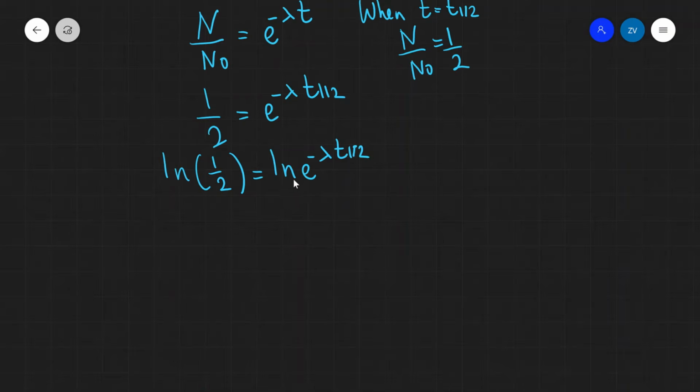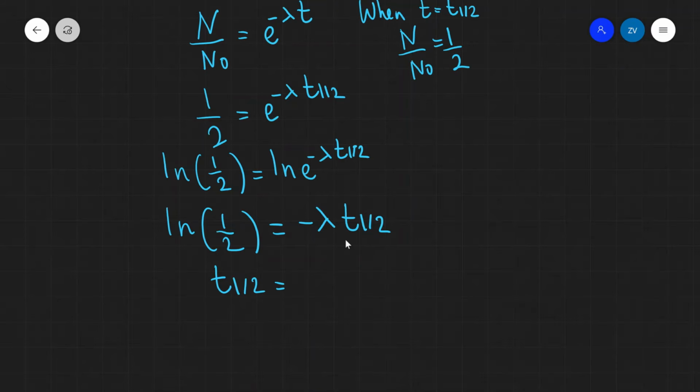Now the natural log and e are two inverse functions, so what we're going to get on the right hand side is just what's in the exponent. So we're going to get that ln of a half is equal to minus lambda times the half-life, like so.